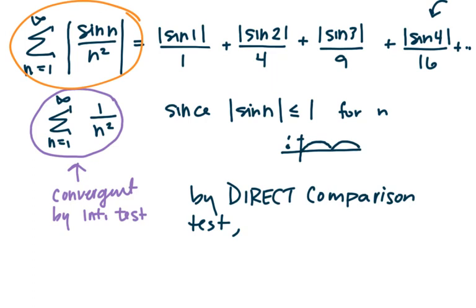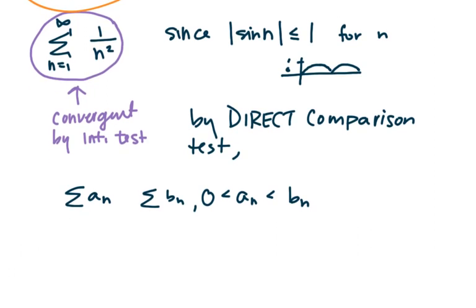All right, and so we can say, using the direct comparison test, if we have two series, the sum of a sub n and the sum of b sub n, and we know that a sub n is less than b sub n, and they're always both positive, right? So we've got two series, a being the smaller one. In this situation, our a term is the absolute value of sine n over n squared, and my b term is 1 over n squared.